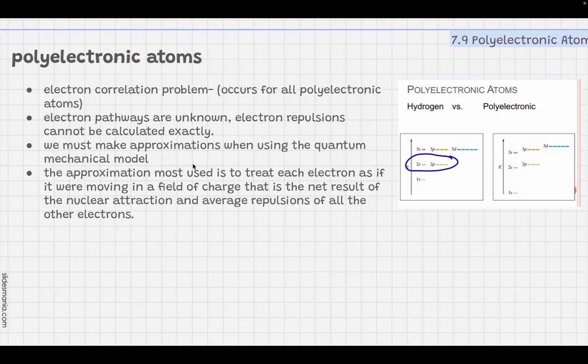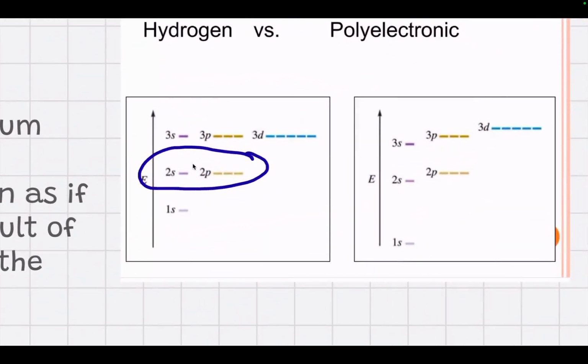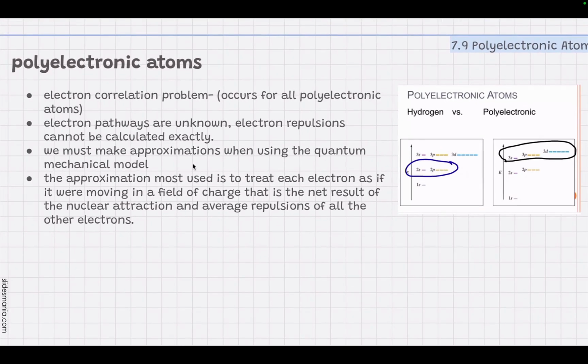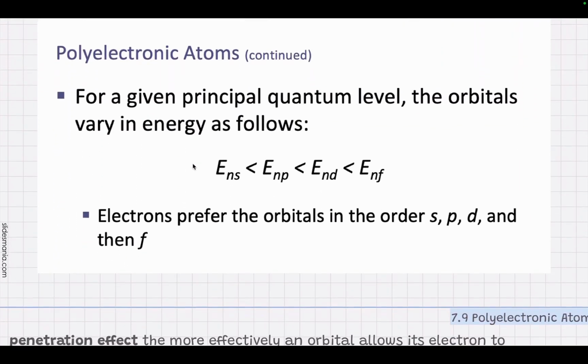So what I'm trying to show you is that when you have a polyelectronic atom, when n equals 3, these are not all equal in energy. They're not degenerate like they are for hydrogen.